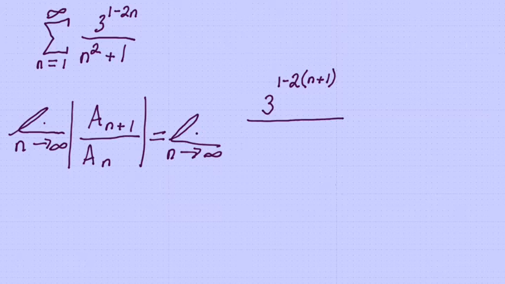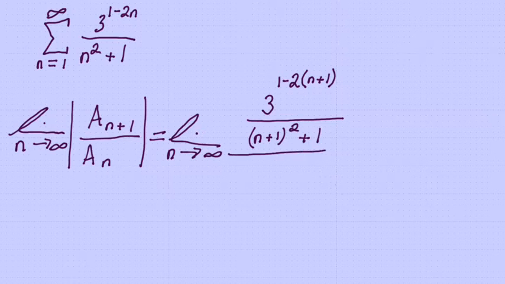So probably the trickiest part of this is writing out what a sub n plus 1 is. We're just replacing n with n plus 1 for the top term. So it is 3 to the 1 minus 2, and it's 2n, but we're replacing n with n plus 1. So there we go. Over n squared plus 1, so it's n plus 1 squared plus 1.